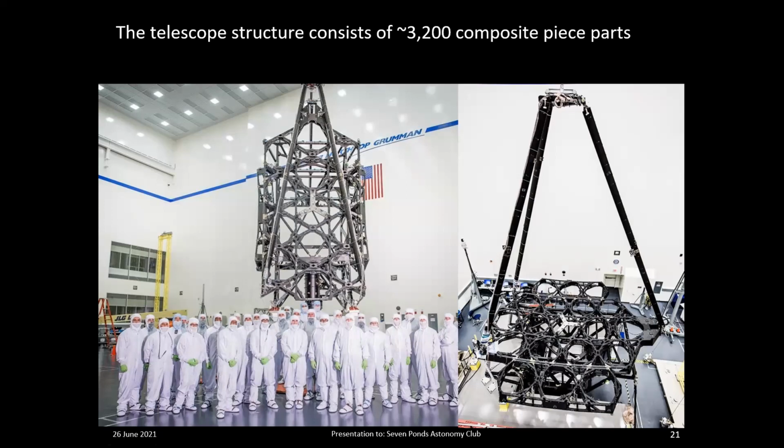So we had to invent a composite material that could meet this requirement. And we did that. And this is a picture of the actual flight structure. And this structure involves more than 3,000 individual composite parts that have to be, in effect, glued together into a very precise mechanical system.